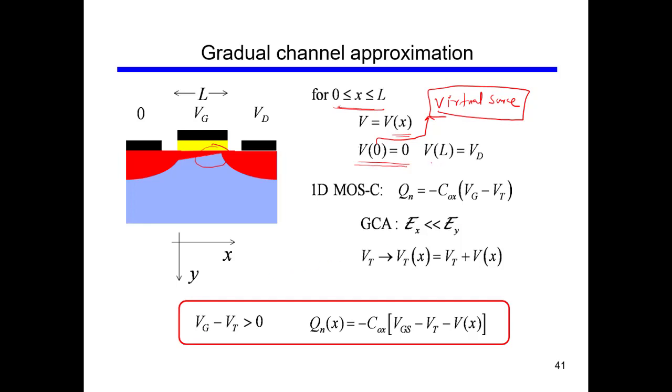Okay, and at the other end of the channel, when x is L, so this is when x is 0, and this is the point when x is L. Okay, so at the virtual source V sub 0 is 0, and V sub L is equal to Vd.